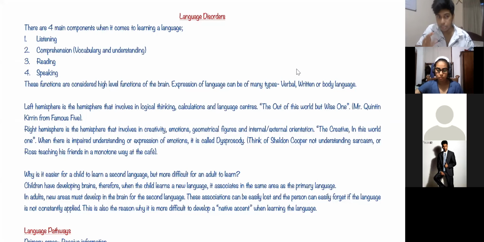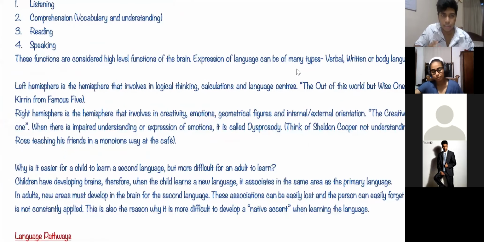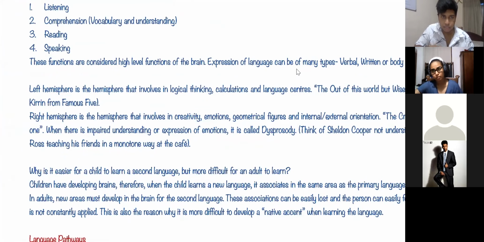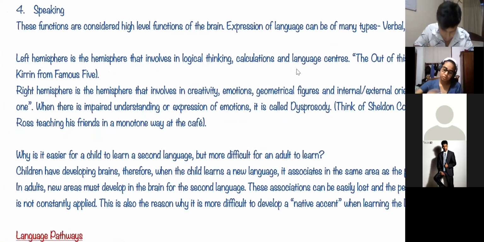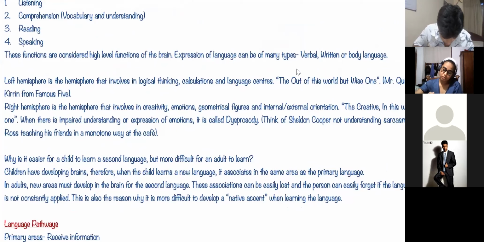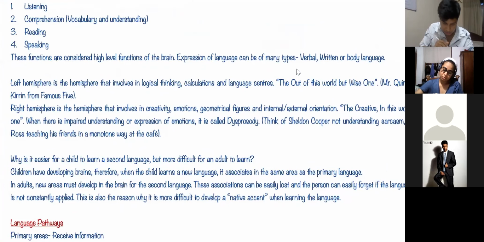There are some left-handed people who have right hemisphere dominance, but even then a majority are left hemisphere dominant. So think of it like this. I always consider myself to be a person whose left hemisphere is dominant, because my creativity is not as good as my logical thinking.